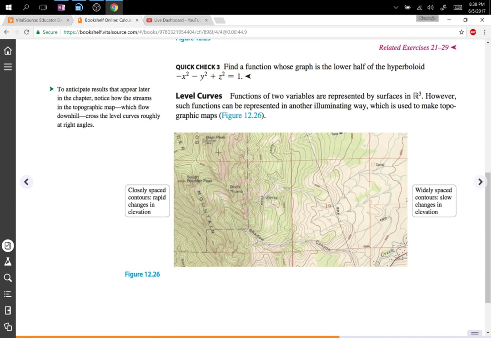Now, looking at the map, you see how busy the map is with all these lines. The lines are the level curves, if you take plains and cut through hills and valleys and so on.